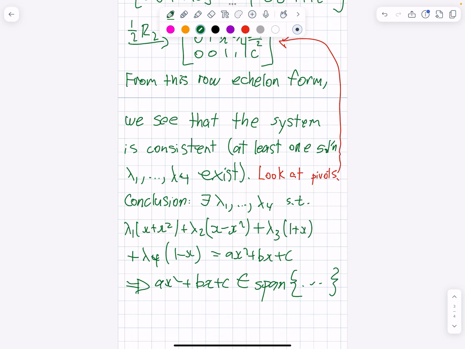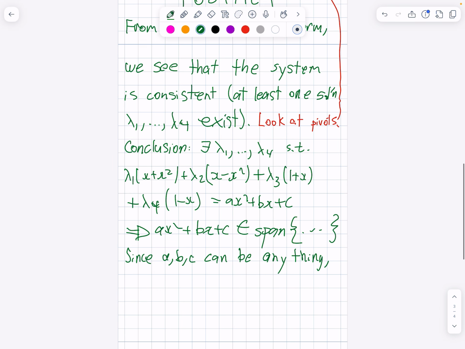So all those guys from the start of the question. And since a, b, c can be anything, this can be any element in P2. We see that P2 is spanned by this set, right? So the set from the start of the question, which I'm too lazy to write the whole thing down again.